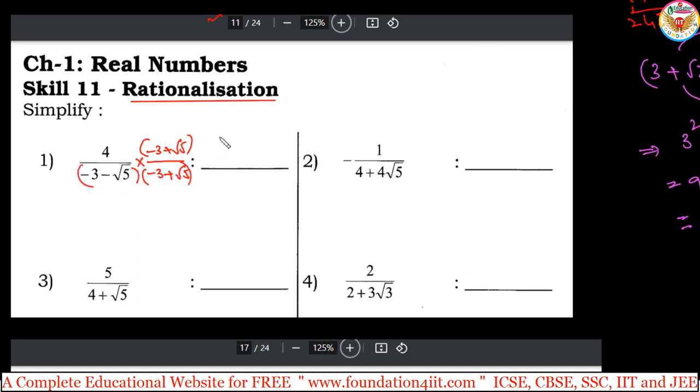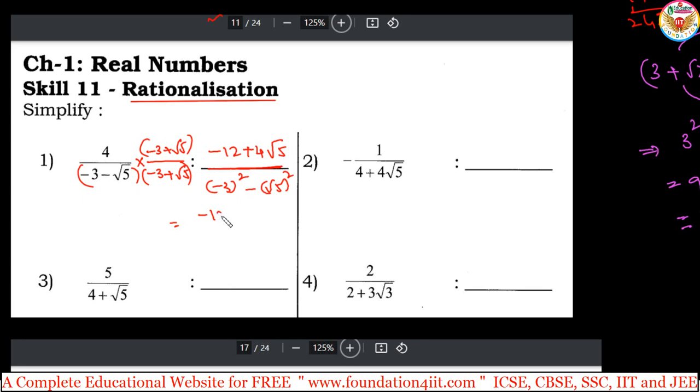Now 4 into this, into this. 4 into minus 3, that is minus 12, plus 4 into root 5 is just 4 root 5. Don't multiply 4 and 5 to get 20, because 4 is rational and root 5 is irrational. And divided by the denominator, we have the a square minus b square formula, a plus b into a minus b type. Minus 3 whole square minus root 5 whole square.